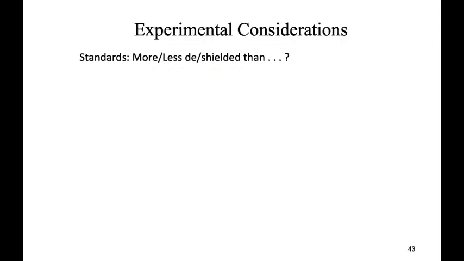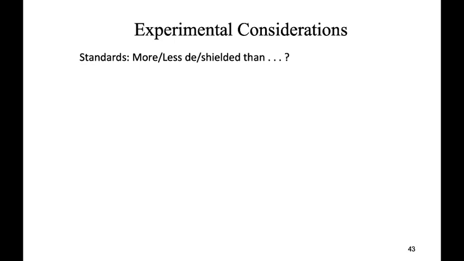So, experimental considerations. More or less shielded or deshielded than what? The whole point is it just says that this is more shielded, there are more electrons around it than what? You need a numerical scale on that. All the instrument spits out is that it's way on the right or way on the left.